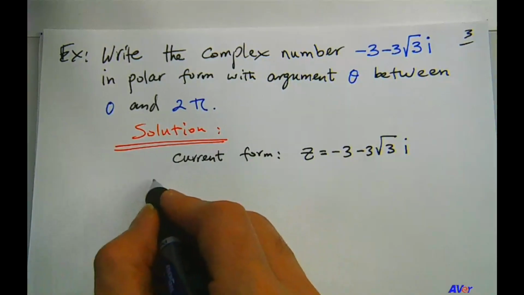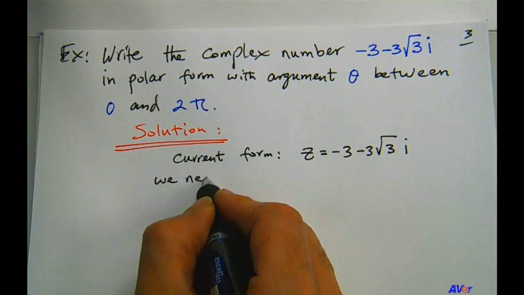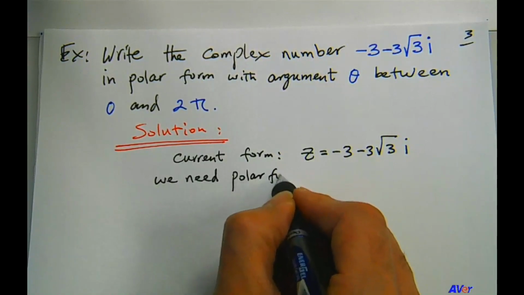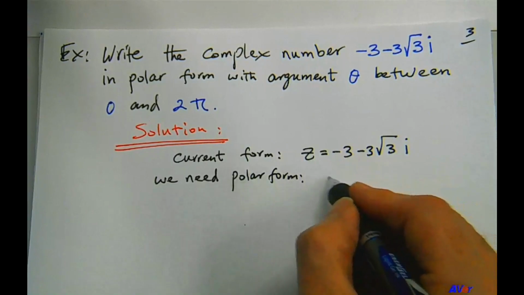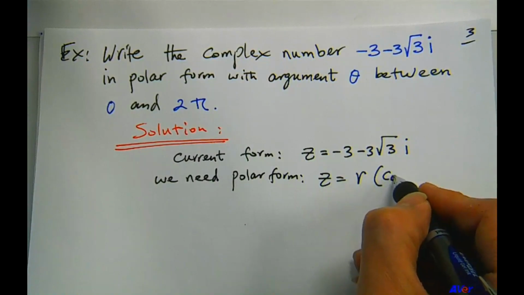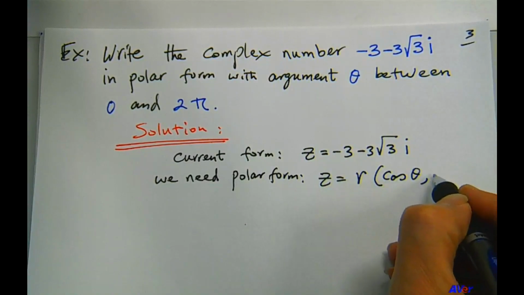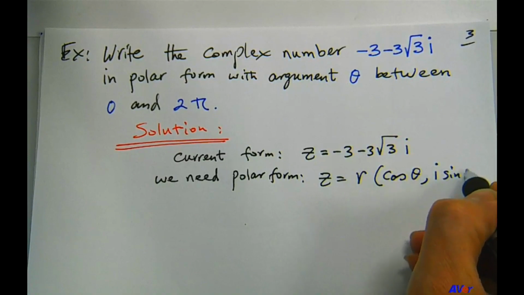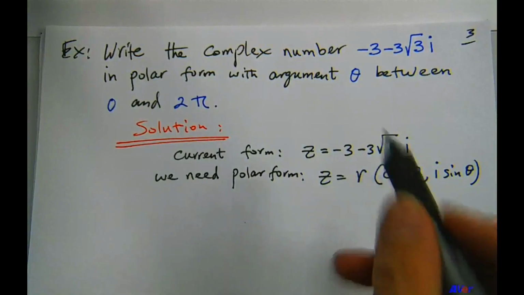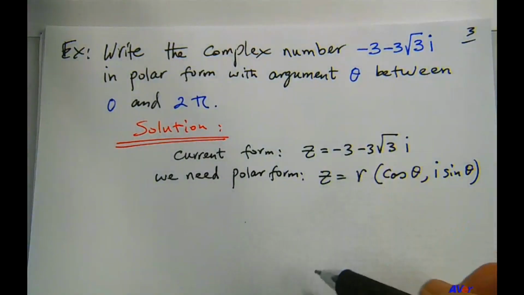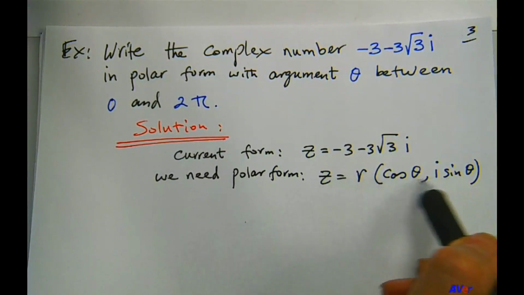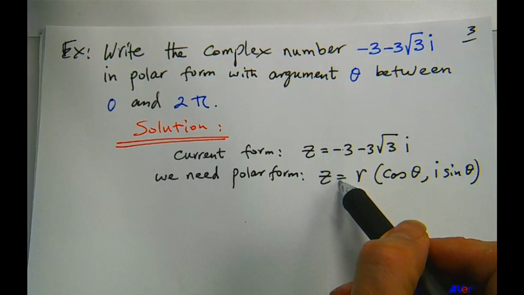And we need polar form, which is z equals r cosine of theta, comma i sine theta, right? We want that form. So if we are to transition from here to here, what are we going to need to have? What do we need in order to transition from here to here?